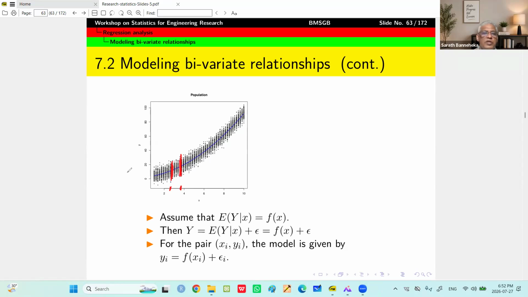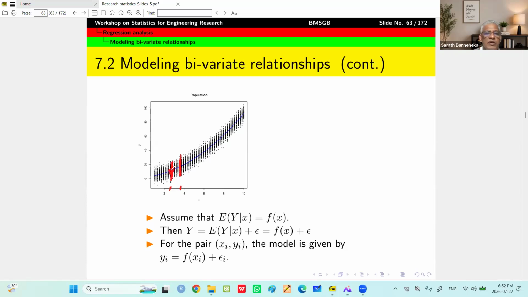Suppose for different values of x, you are not really carrying out the experiment at a very large number of x values. But here what you are considering is what will happen if we do this. Suppose the situation is going to be like this. So for a given x, y will be in a certain range.